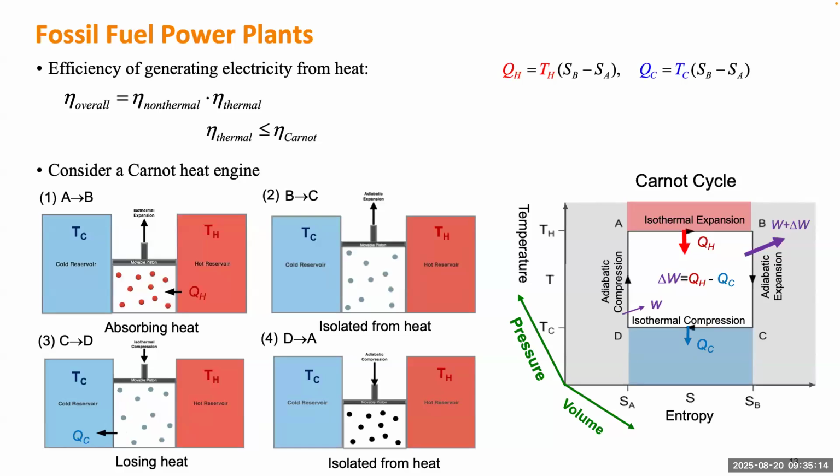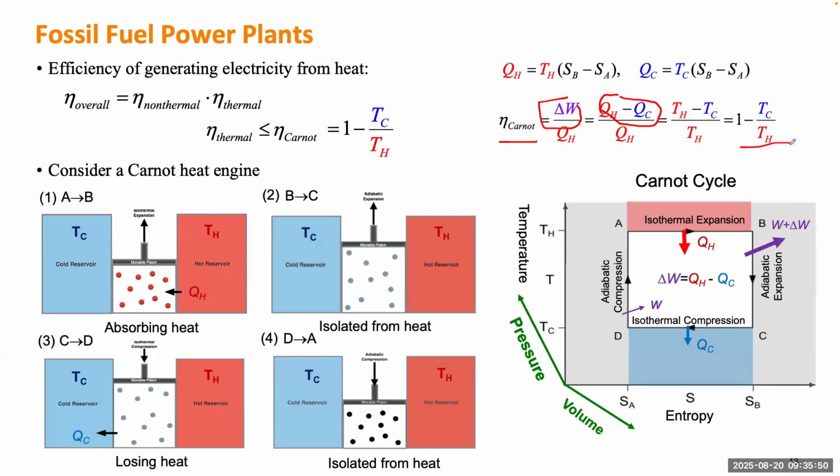The direction of expansion is doing the work. That work has to be equal to the change of the heat because of the law of conservation of energy. So we plug the top two formulas into the bottom one, and we get the efficiency, which is equal to 1 minus the ratio of the low temperature to the high temperature.